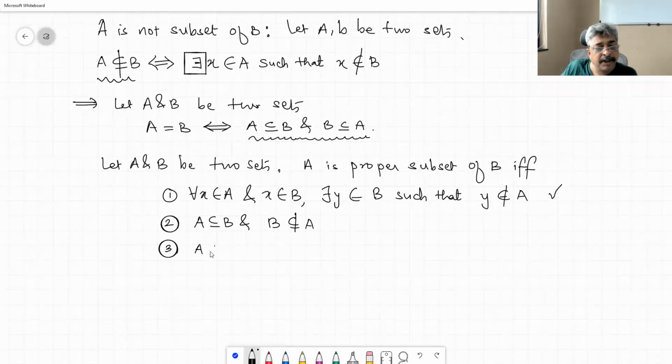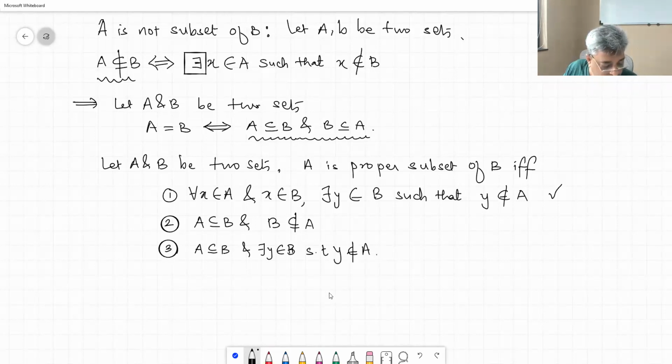Third, A is a subset of B. For being a proper subset, it has to be a subset, and there exists y belonging to B such that y does not belong to A. Using the equality definition, we can say A is a subset of B and A is not equal to B. That means the otherwise condition. This is the same as the second.